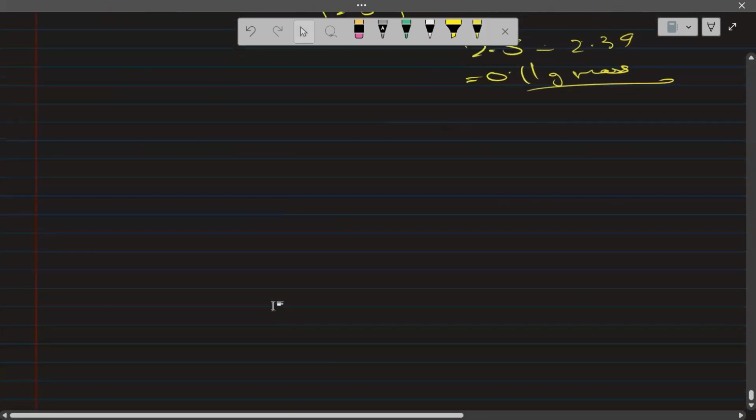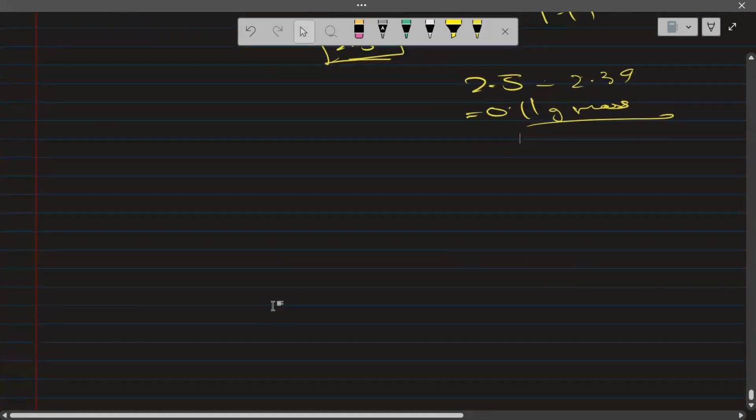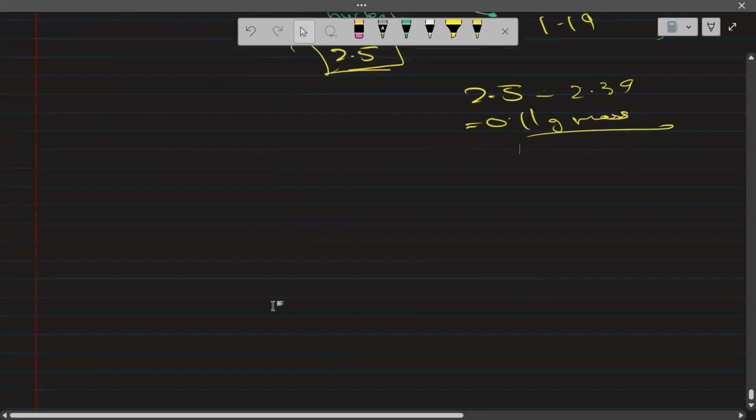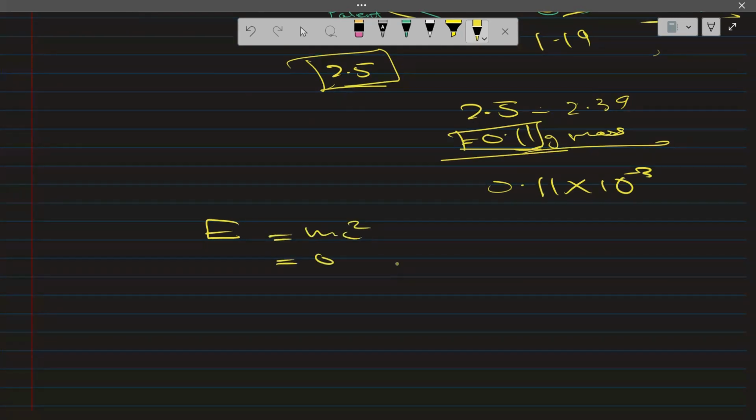So to find out the energy, what do we have to do? We first convert it into kg: 0.11 times 10 to the power of minus 3. To find how much energy 0.11 gram has made, we put it into the formula E is equal to mc squared. So m is 0.11 times 10 to the power of minus 3, and c is 3 times 10 to the power of 8, squared.